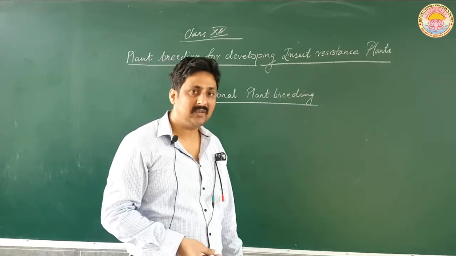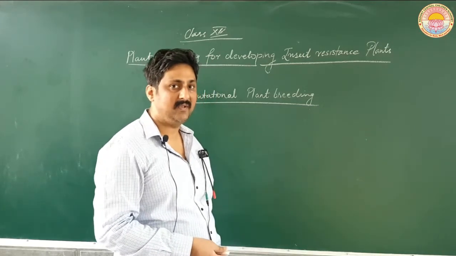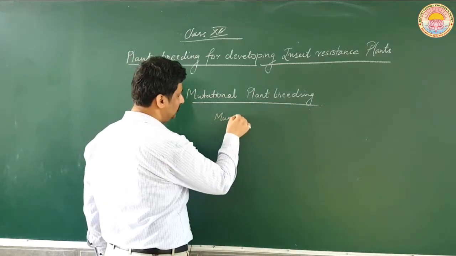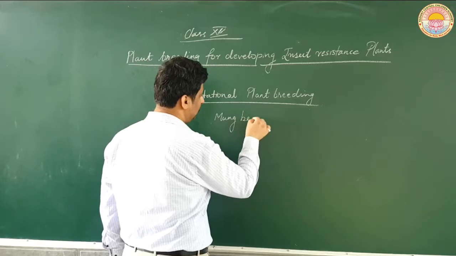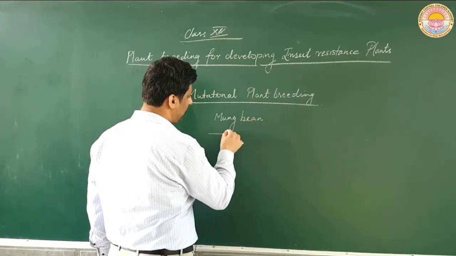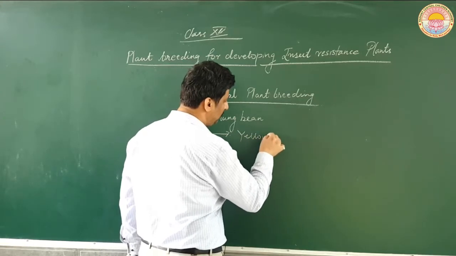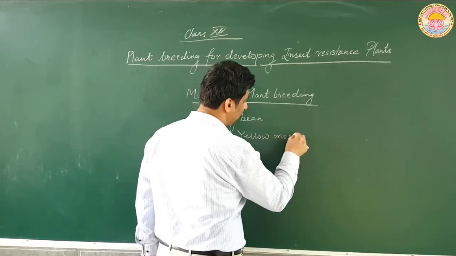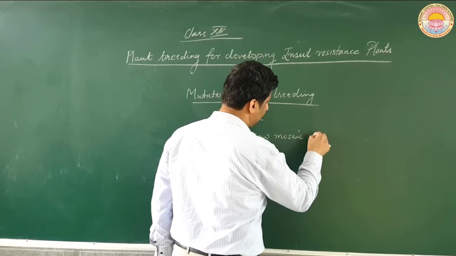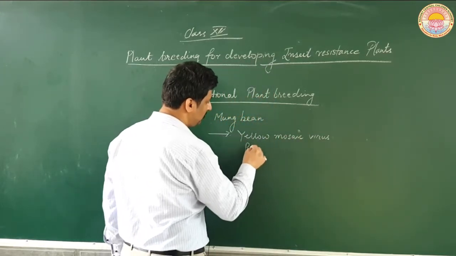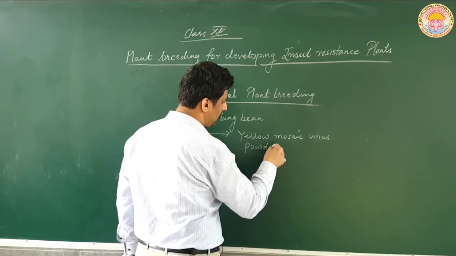For example, with the help of mutational plant breeding in mung bean, it has become resistant to yellow mosaic virus and powdery mildew.